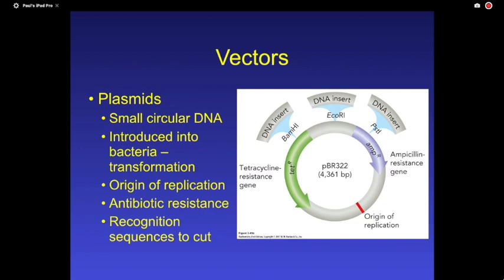The vectors that we use quite often are plasmids. That's one very often used vector, quite often used in undergraduate laboratories and in research. They're cheap. They're small circular DNAs. They are introduced into bacteria, and they have these functional pieces: an origin of replication, so it will be copied, and antibiotic resistance.